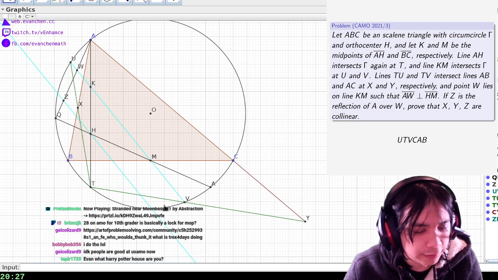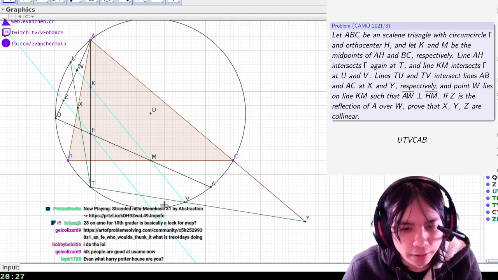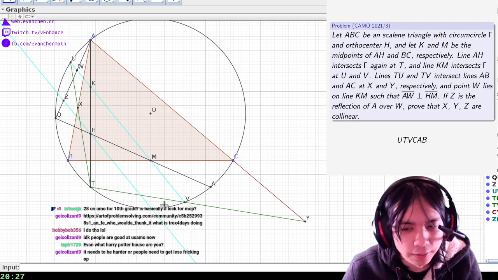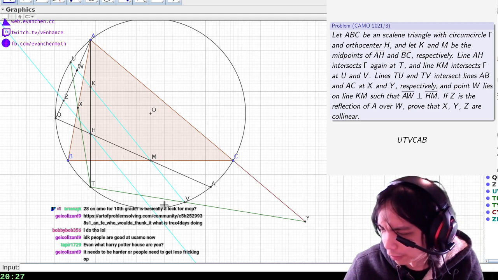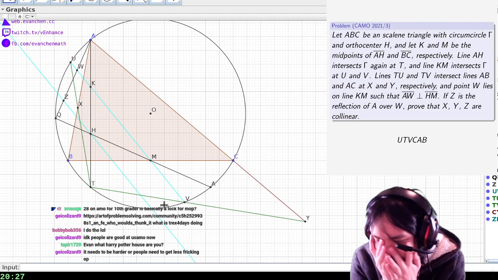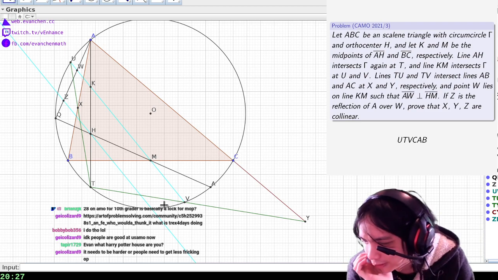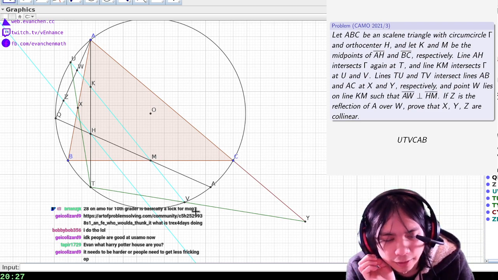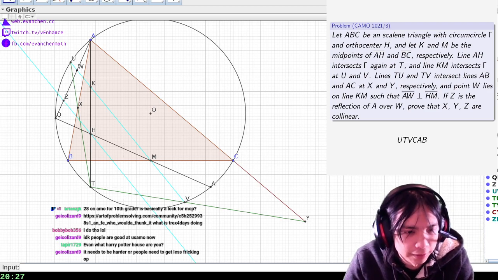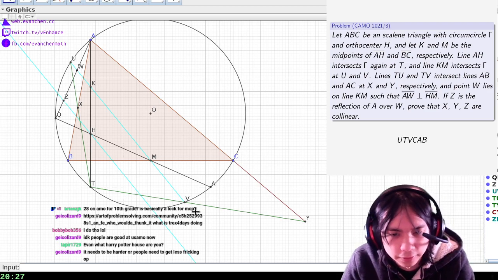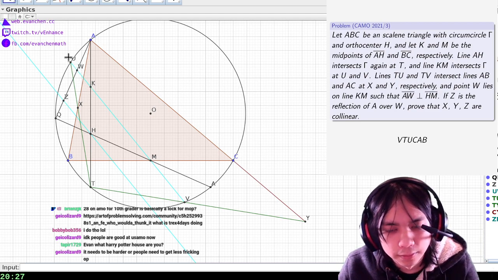So it's VC intersect BU. Wait, what? Now I'm getting bamboozled by the asymmetry. No, that does not. What did I do? UT intersects CA. Oh, I flipped it. VTU CAB. So I want UC intersect AB.